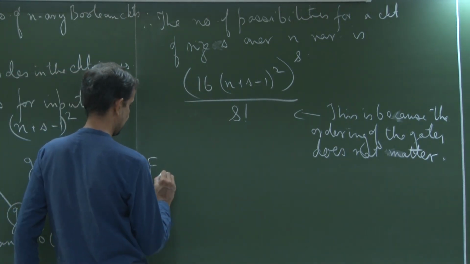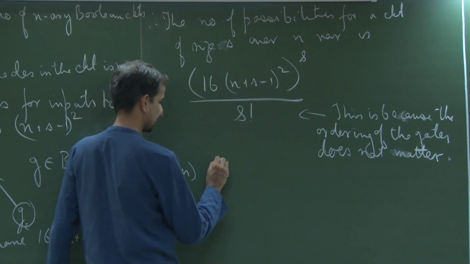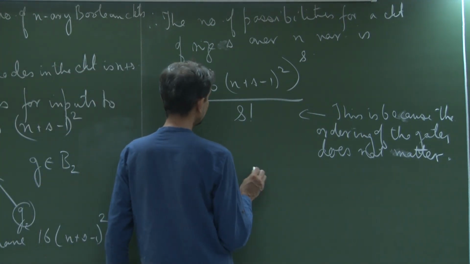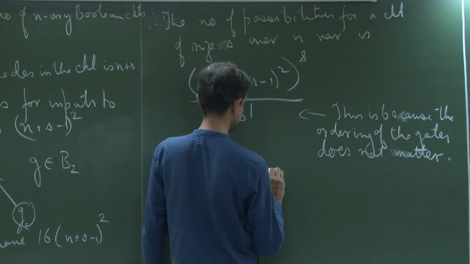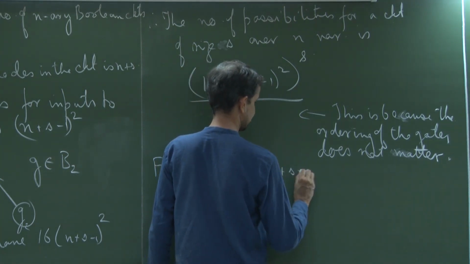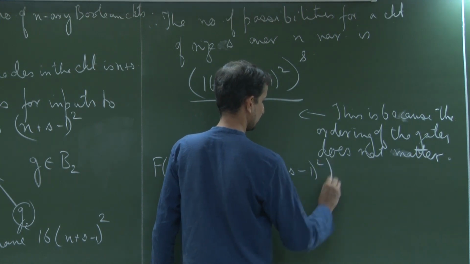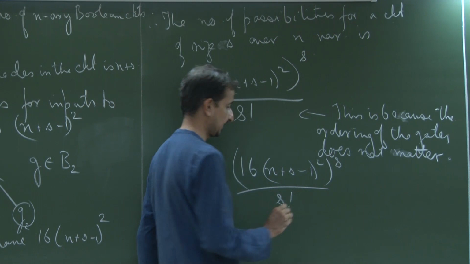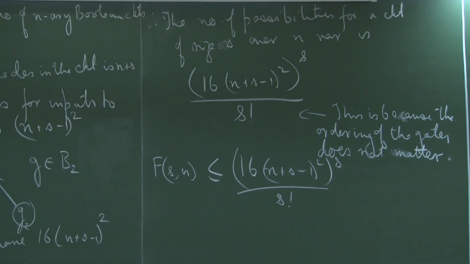So, my F S of n upper bound, again as I said this is just an estimate, is 16 times n plus s minus 1 whole square, whole to the power s, divided by s factorial, right.